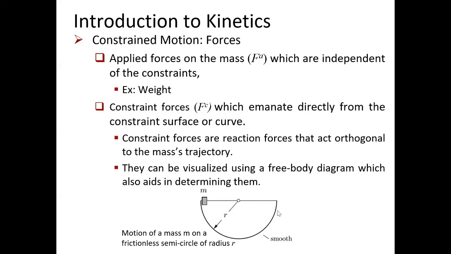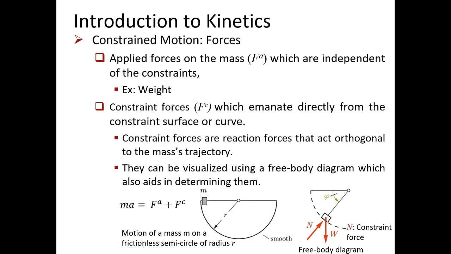Therefore, in this case, the normal reaction is along the radial direction towards the center because it is a circular path, and the weight is the applied force that is downwards. And N is the constraint force, and this is a single degree of freedom. So one parameter is enough to define the kinematics of this.